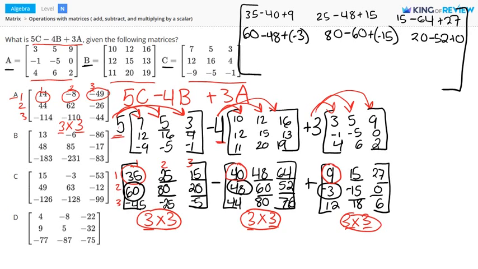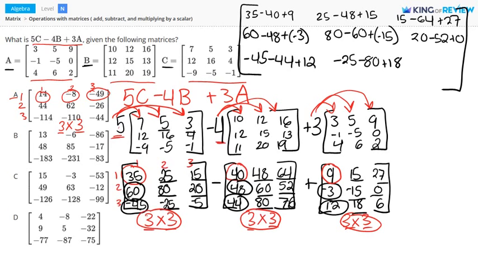And for the third row, we have negative 45, 44, and 12. So we have negative 45 minus 44 plus 12. We have negative 25, 80, and 18. So negative 25 minus 80 plus 18.